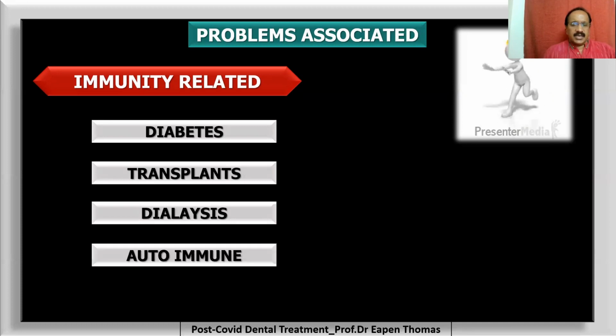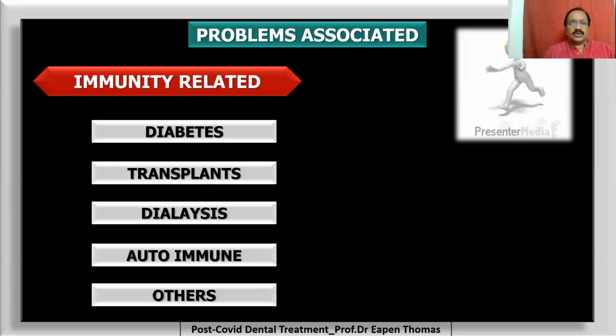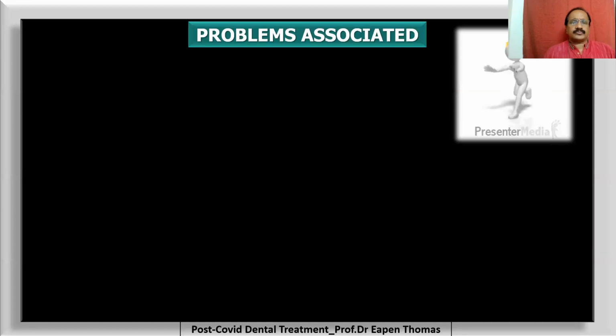Patients on dialysis, and those with autoimmune disorders and other disorders. These are the patients who, when we take them up for treatment after COVID-19, should be taken up with very cautious precautions, and other measures should be adopted too.